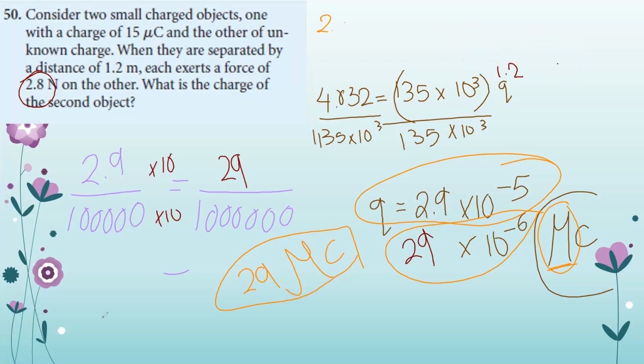It was 2.8 equal 9 times 10 to the power 9 times 15 to the power negative 6 times the charge over 1.2 squared. So if you multiply 2.8 times 1.2 squared, you get 4.032. Okay. Got it? Yes. Now is it clear?